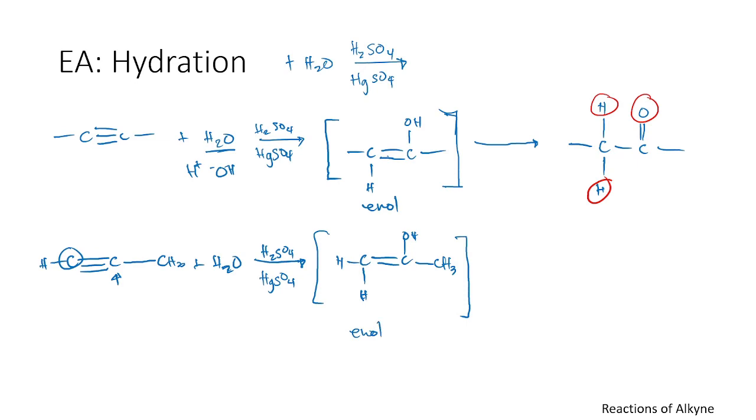So this will be our enol, right? Since this is 3, 2, we have here 1-propen-2-ol. Why 2-ol? Because our OH is attached to the second carbon.